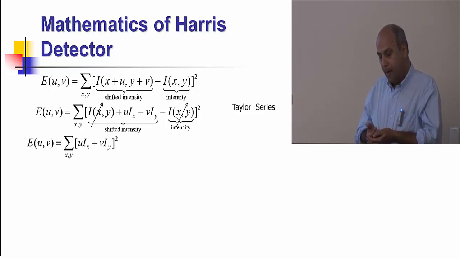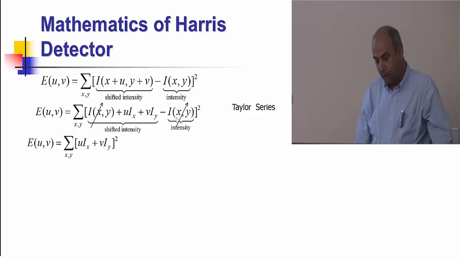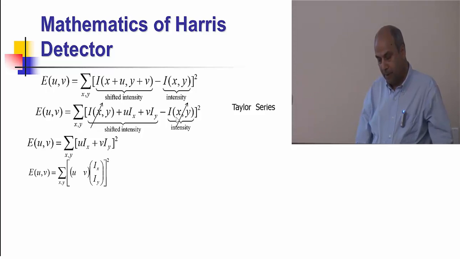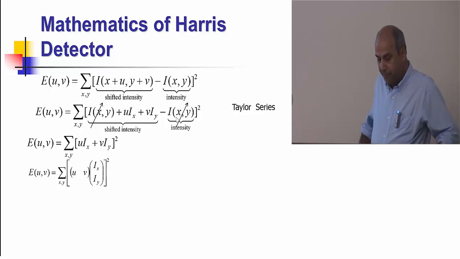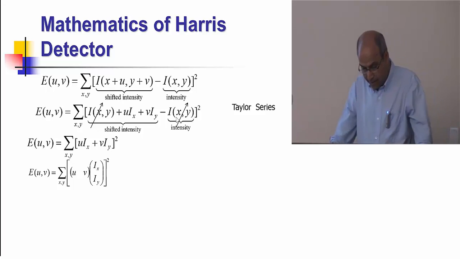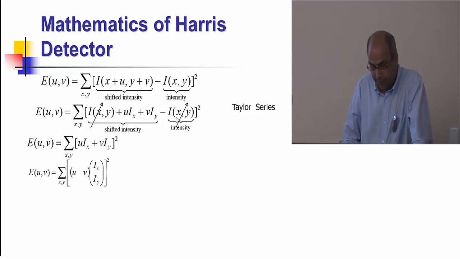Now this we can write down in a vector form, that we have a (u, v) vector, and the other is the (I_x, I_y) vector. So this is a 1 by 2 vector, and a 2 by 1 vector. When you multiply, that becomes u I_x plus v I_y, which is this one.